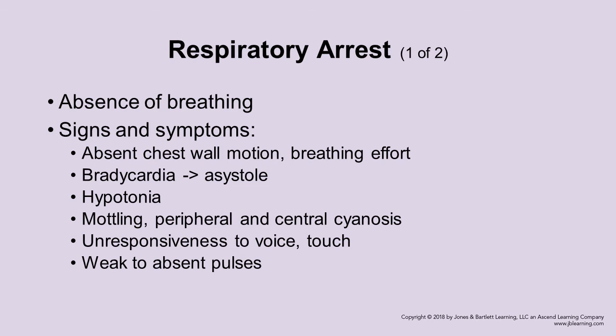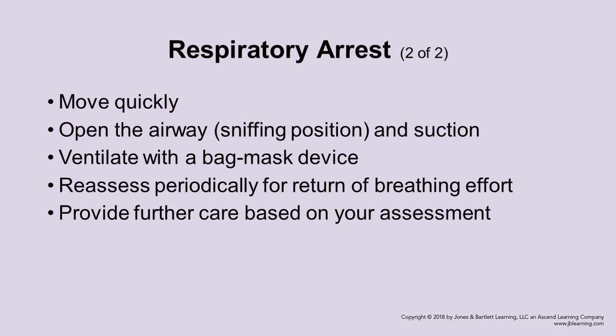We know that they can be hypotonic, as we said before, and they can have severe mottling and cyanosis throughout their body because they're not getting adequate oxygen delivery. They will become unresponsive, and they will have signs of cardiovascular compromise, including weak or absent pulses, particularly if they're having asystole. So obviously in these situations you have to move quickly.